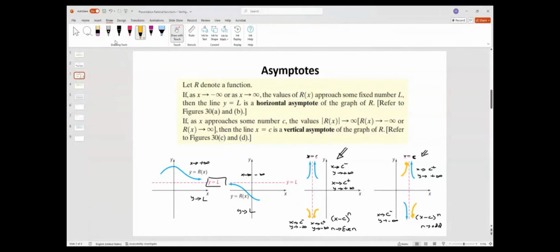Of course, the opposite: as x approaches c from the left, y approaches positive infinity, and as x approaches c from the right, y approaches negative infinity. So these are, in this case, the behaviors near the asymptotes.